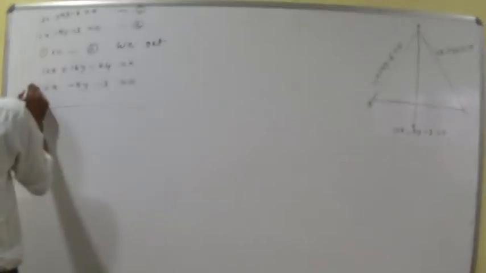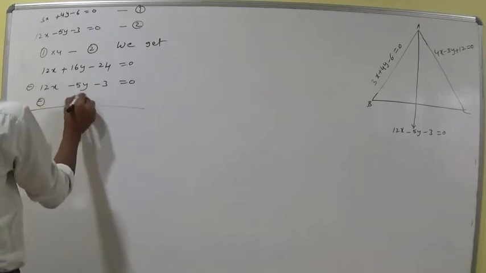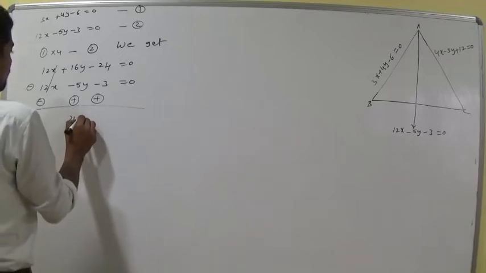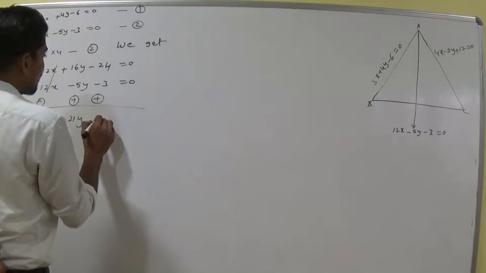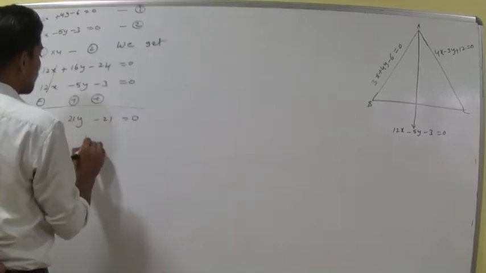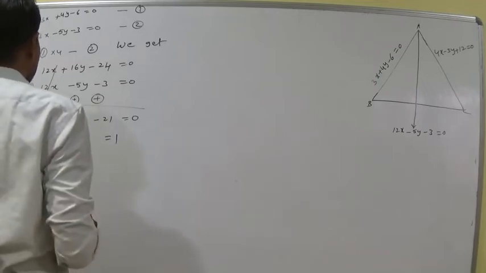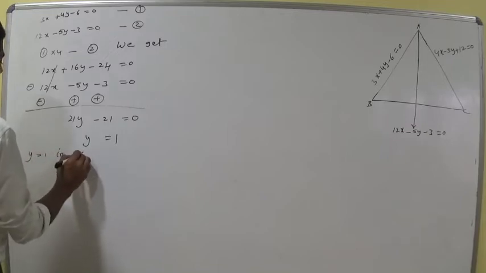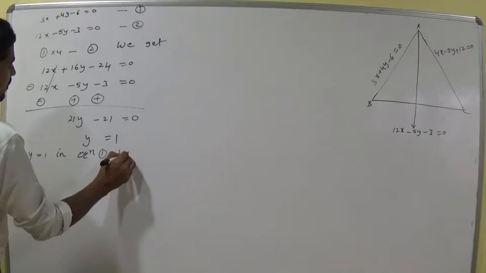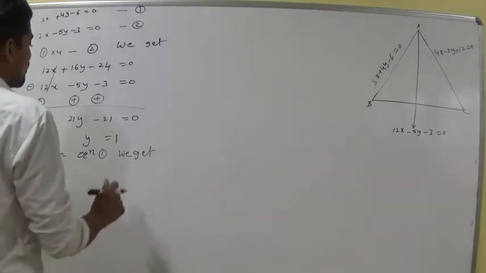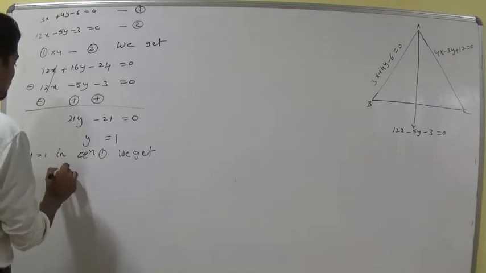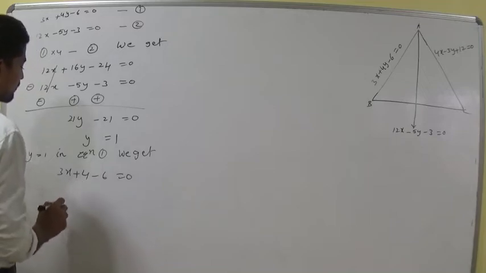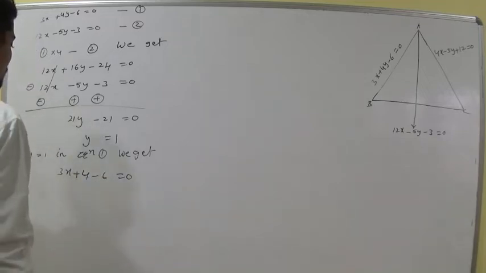Here I am subtracting, so minus, plus: 21y - 21 = 0, y = 1. Putting y = 1 in equation 1, we get 3x + 4 - 6 = 0, so 3x - 2 = 0.